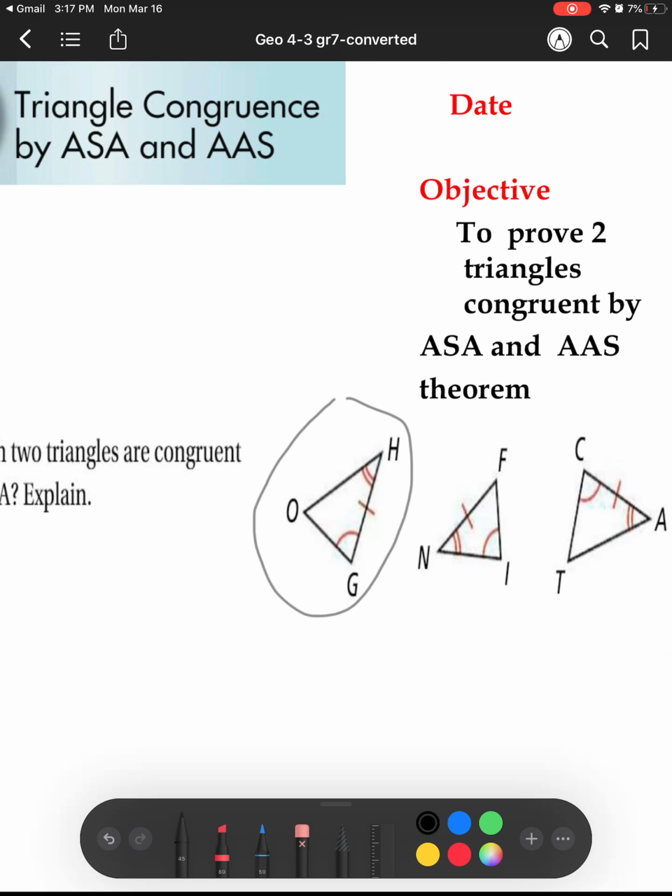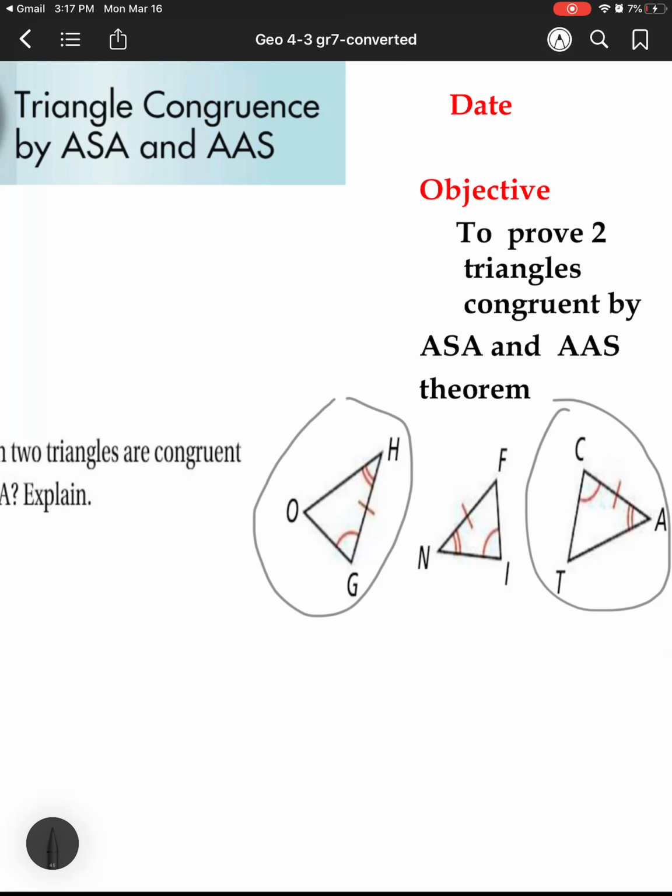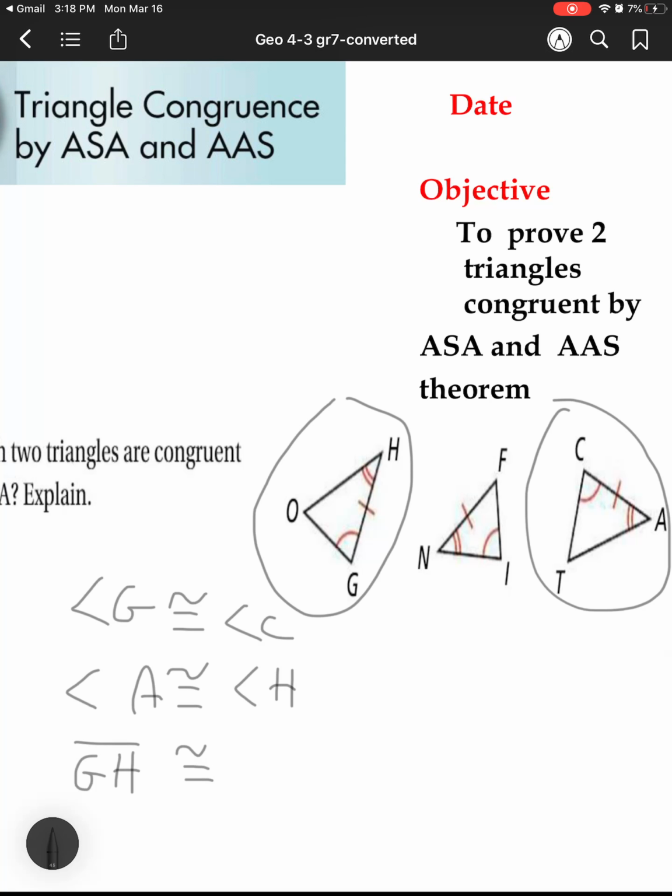And the third one, I have the angles marked, and CA as a line segment is marked as well. So I can say that angle G is congruent to angle C, and angle A is congruent to angle H. And the line segment GH is congruent to CA.